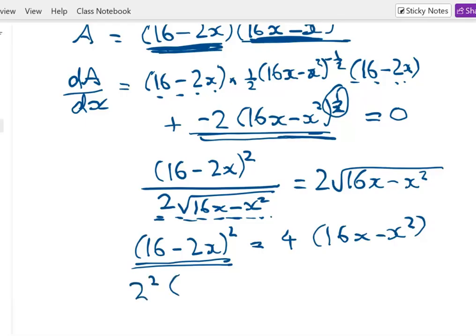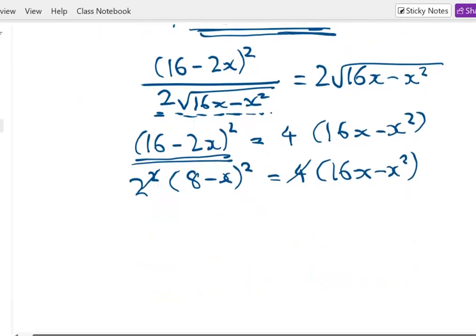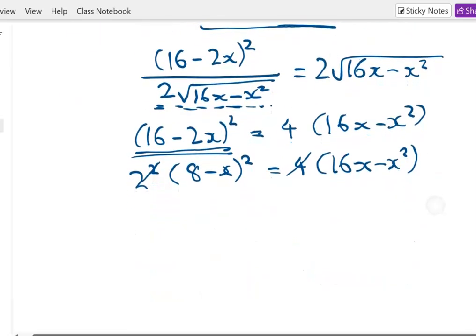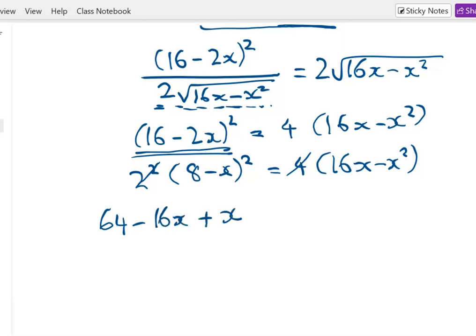So I've got 2 squared times 8 minus x squared is equal to 4 times 16x minus x squared. The 4's disappear, and that leaves me with what's starting to look like a nice little quadratic, and we're just about there. So expanding here, we get 64 minus 16x plus x squared is equal to 16x minus x squared.